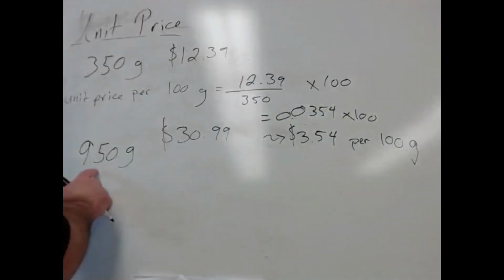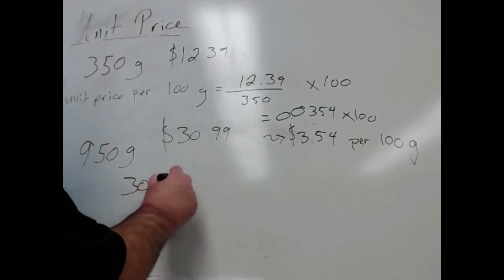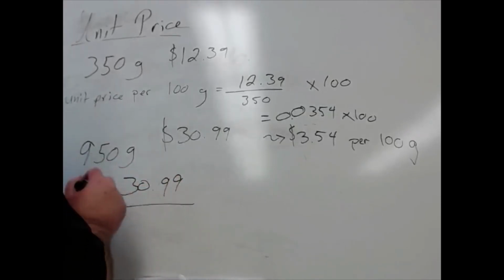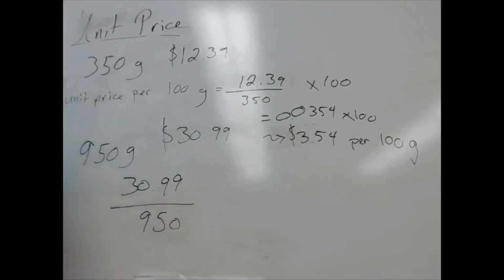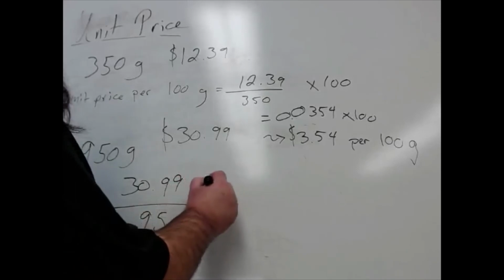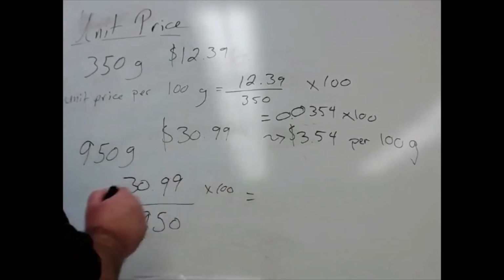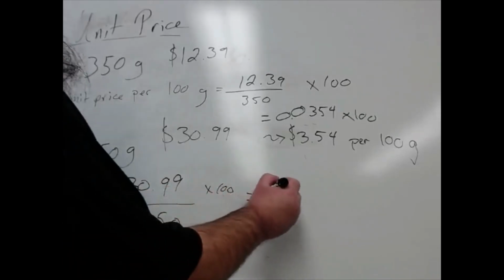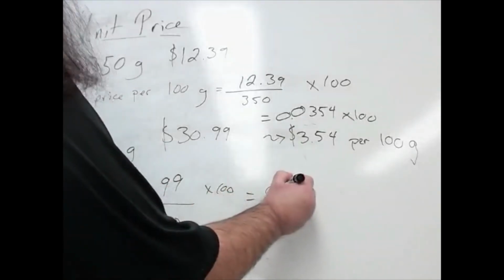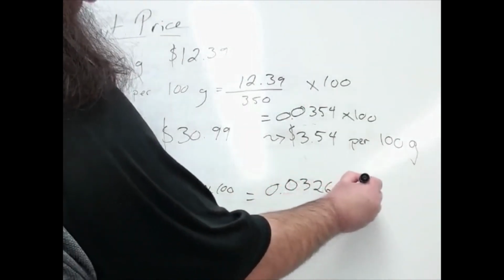Alright, for the next one, we'll work that out in a similar way. We're going to take the cost, $30.99, divide it by the number of grams, in this case 950, and then multiply it by 100. Doing $30.99 divided by 950 gives 0.0326, and then we multiply that by 100.